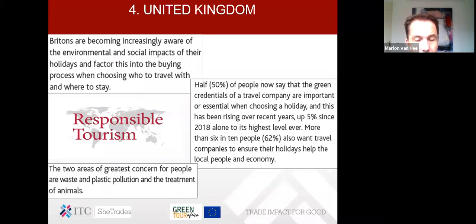So that means that you have to offer that to them. So if you as a Kenyan or Ghanaian incoming agent have responsible tourism or commitments to corporate social responsibility as one of your corporate unique selling points, then you might be more successful on the UK market, and maybe more successful during the World Travel Market London.